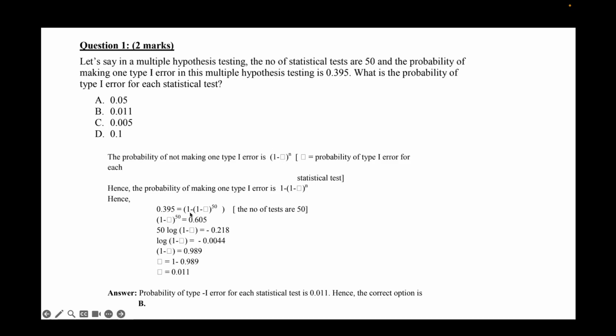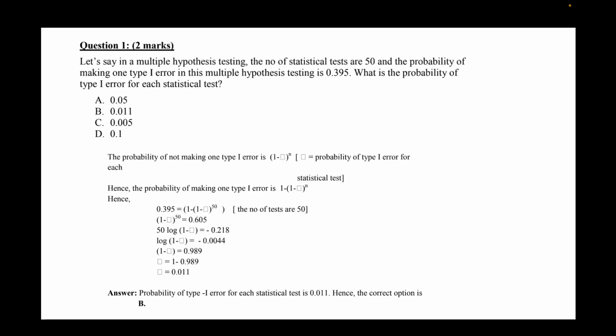And now you put it here. You are given this value, the probability of making a type 1 error for multiple hypotheses, as 0.395. You put it here, with n equal to 50. Now you need to solve 1 minus p to the power 50 equal to this value, and you take a log and then solve it, and ultimately the probability comes out as 0.011, which is correct.